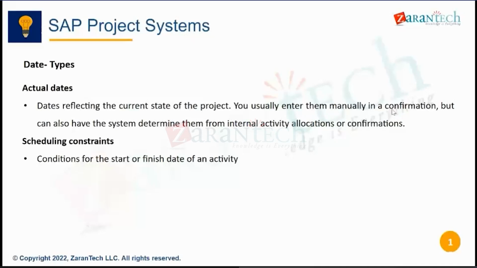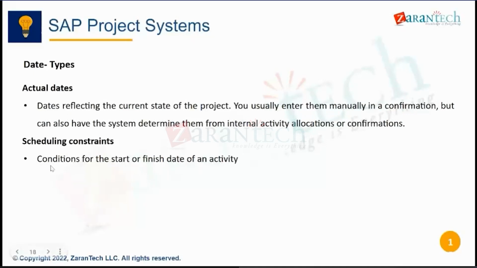You usually enter them manually in a confirmation, but can also have the system determine them from internal activity allocation or confirmation. Now, to influence the scheduling, apart from the relationship sequencing of activities, you can put certain constraints.